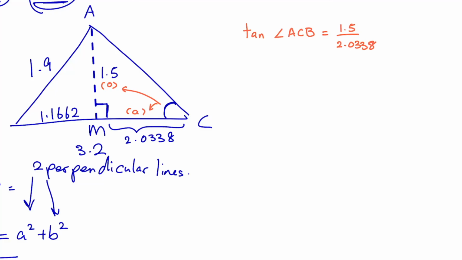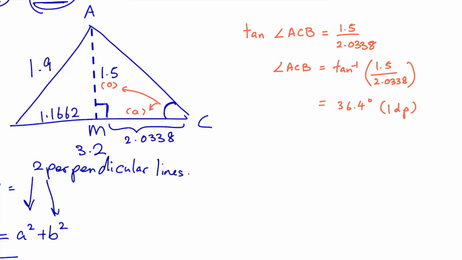Then angle ACB equals to tangent inverse 1.5 over 2.0338, close the bracket, equals to 36.4 degrees, 1 dp.